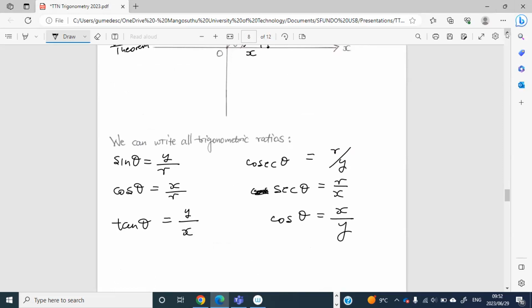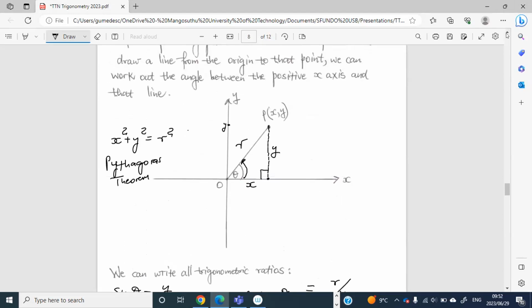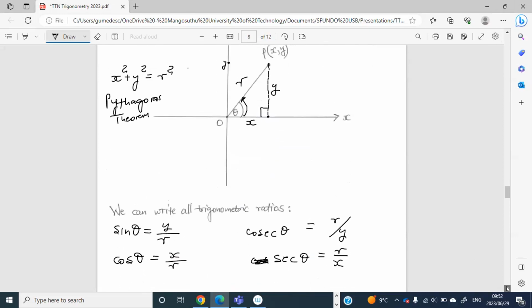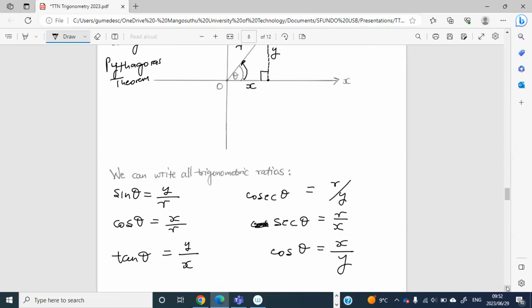So the ratios can be negative or positive depending on where your point is. I'll do an example so that you see. What is important is that we can move our point P and put it in this quadrant or this quadrant and always define all these trigonometric ratios. In some quadrants some ratios will be positive, some will be negative.